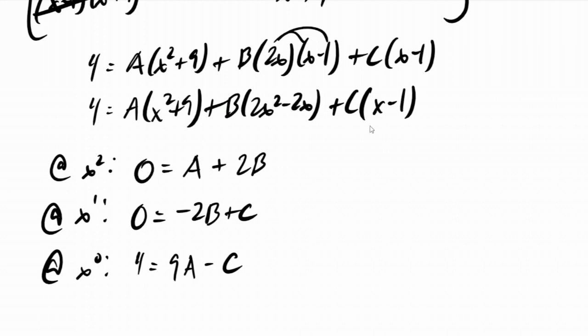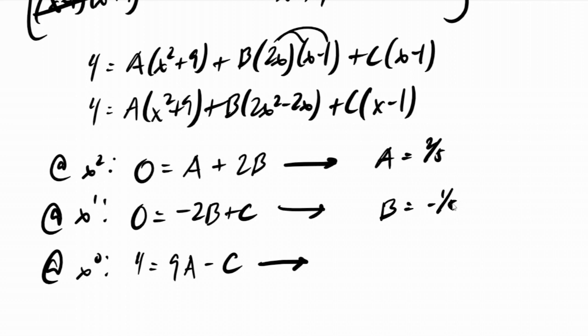So in this case, a is equal to 2/5, b is equal to -1/5, and c is equal to -2/5.